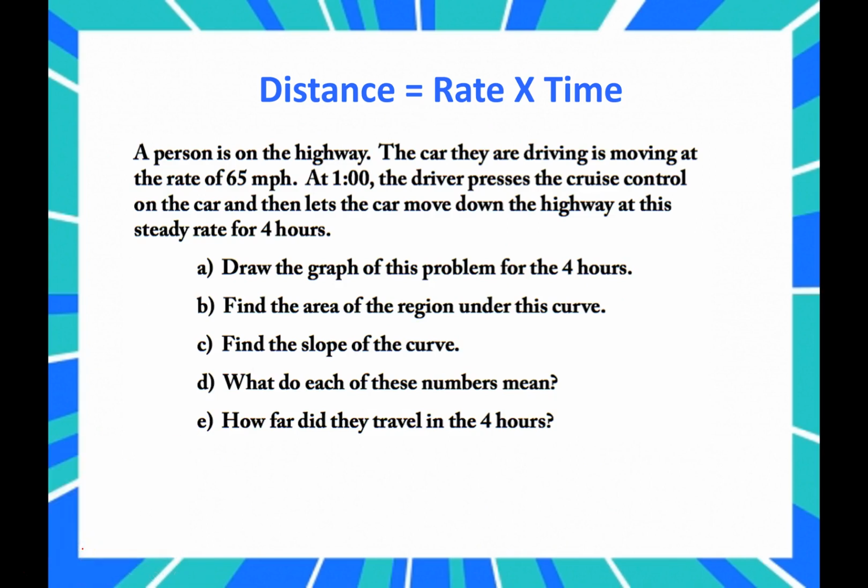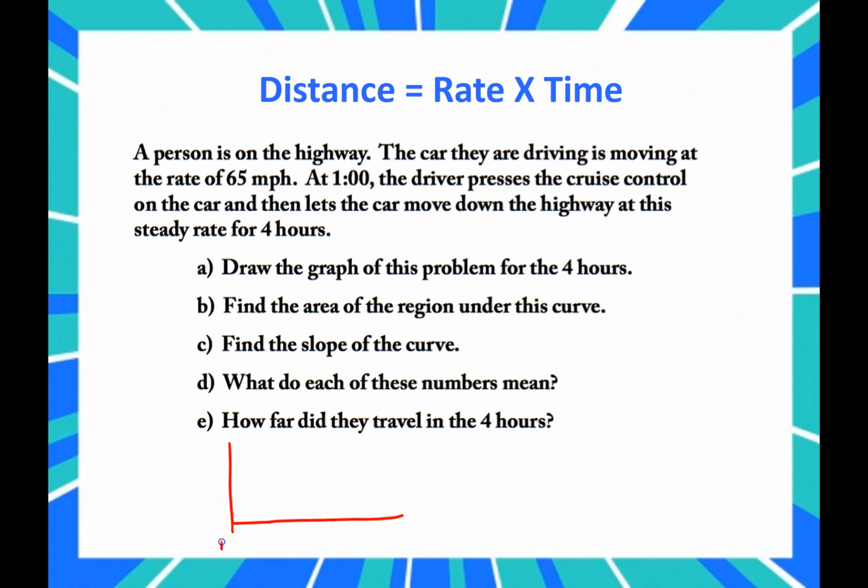The car they are driving is moving at a rate of 65 miles per hour. This is a velocity because you're giving miles per hour. At 1 o'clock, the driver presses the cruise control on the car and then lets the car move down the highway at a steady rate for 4 hours. So let's draw this graph.